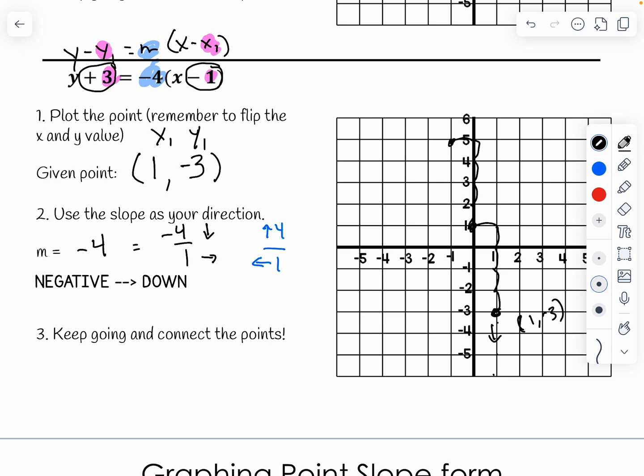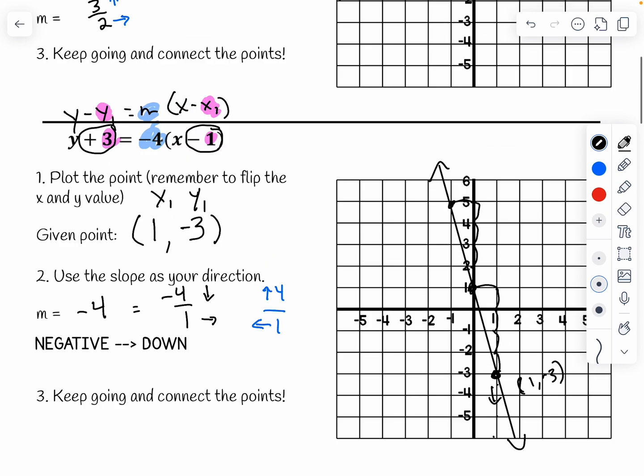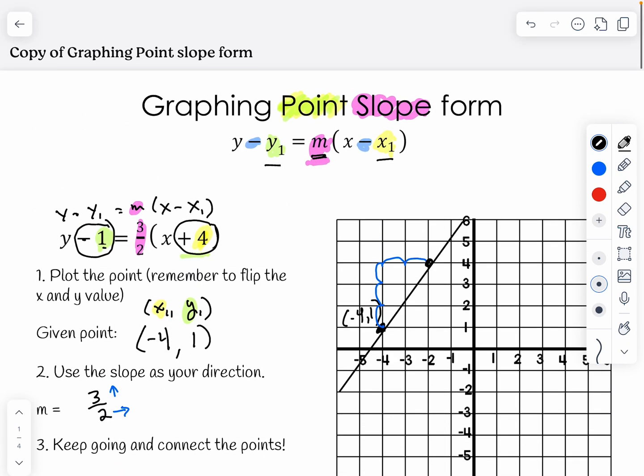1, 2, 3, 4, left 1. There's another point. And I'm going to connect my 3 points. Make a straight line there. Okay? There is my graph from point slope form. So remember, when you've got point slope form, you're going to pull out these 3 things.